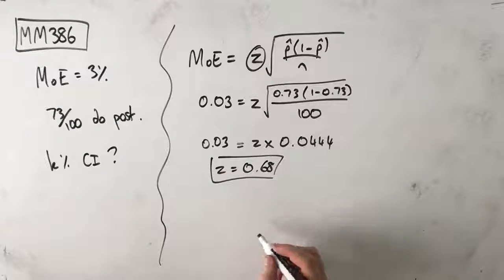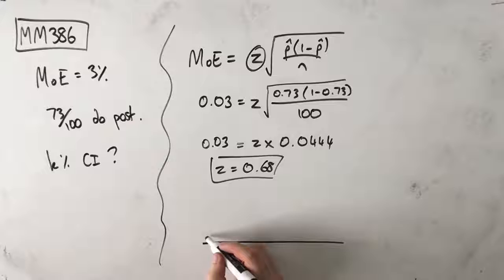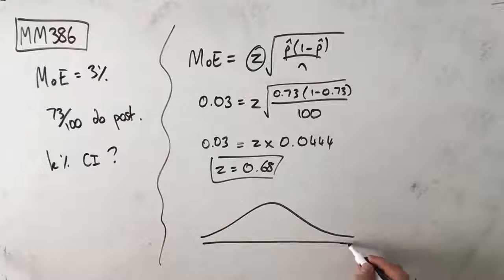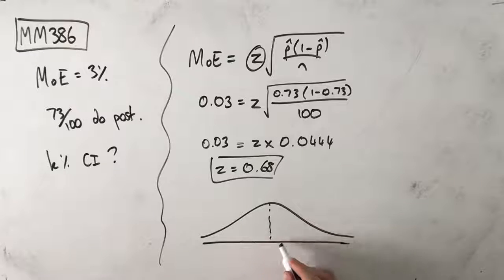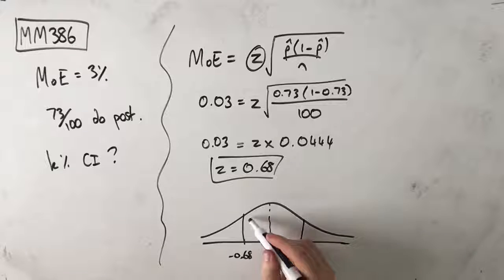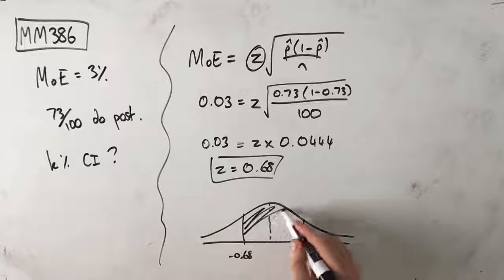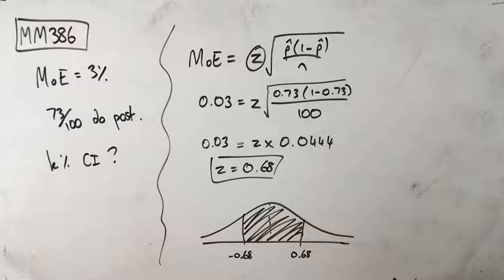Now what this means is, on a normal distribution scale or graph, that our z value here is 0.68 and our z value here is negative 0.68, and K% of the data lies between these two values. Alright?